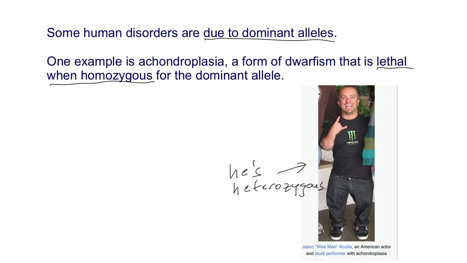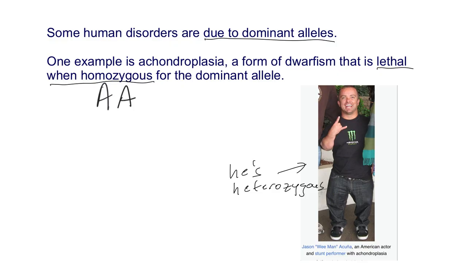Now, don't think that all genetic disorders are recessive. A lot of them are, but some are due to dominant alleles. One form of dwarfism is due to a dominant allele. If you have both dominant alleles, that will kill you. You won't develop with this type of disorder.